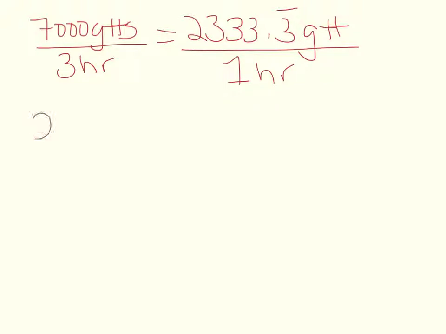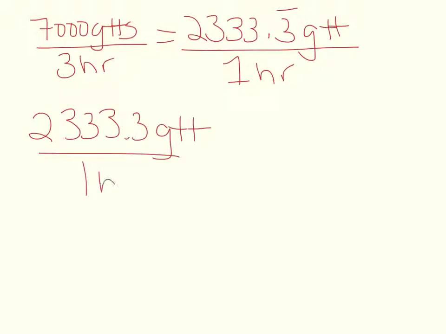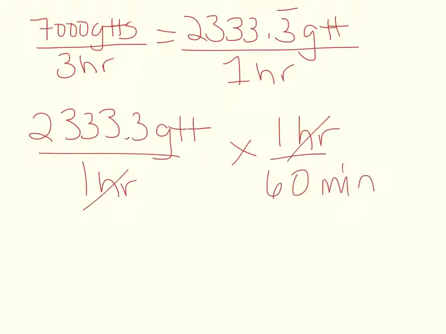So I'm going to, again, take this 2,333 drops over that 1 hour, and I'm going to multiply it by that 1 hour over 60 minutes, so I now can get the hours canceled out and figure out drops per minute. So I'm just going to divide the 2,333 drops by 60, which gives me 38.8888, so 38.9 drops per minute.